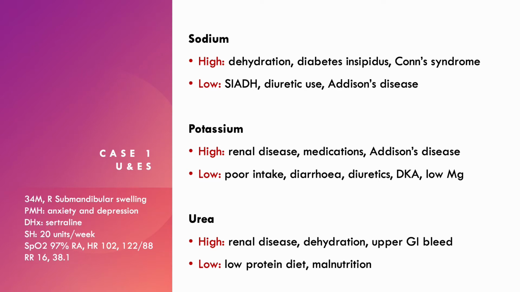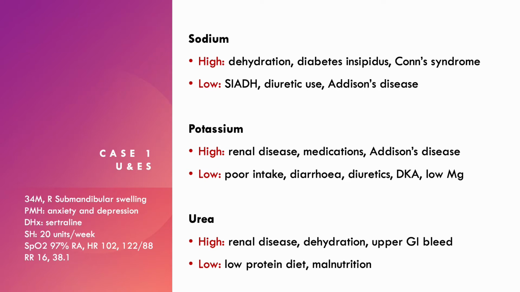So moving on to potassium, so causes of high potassium: renal disease, medications, Addison's disease. Examples of medications would be like ACE inhibitors or ARBs. In terms of symptoms: tiredness, weakness, and it can also lead to cardiac arrhythmias, which is one of the things you really need to take away with this. It can be very dangerous.